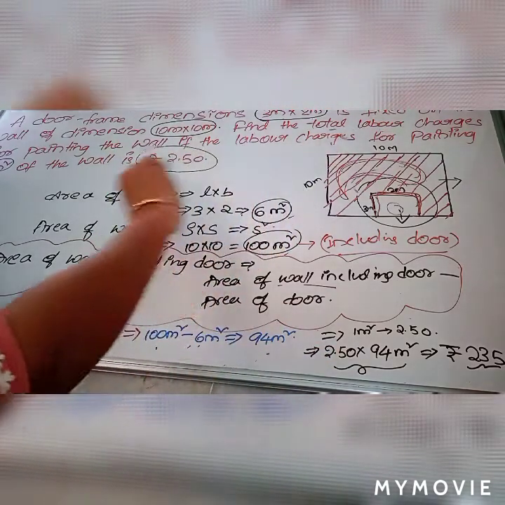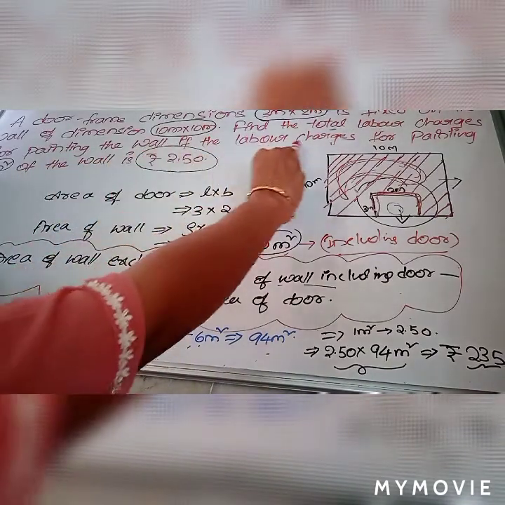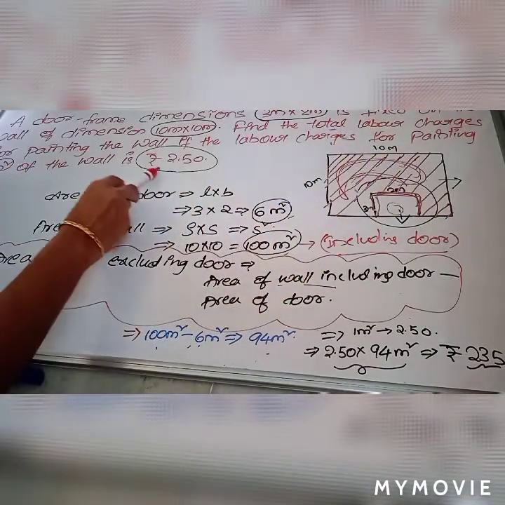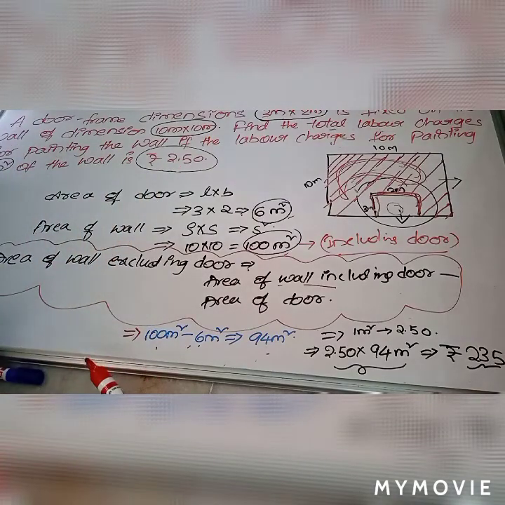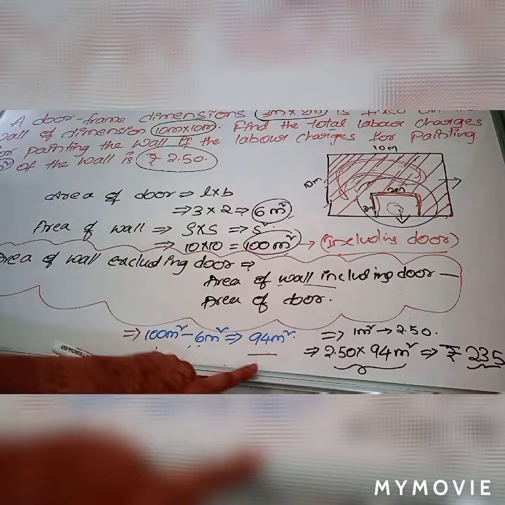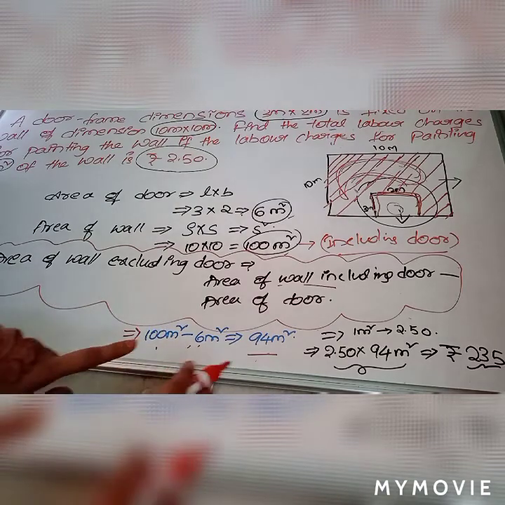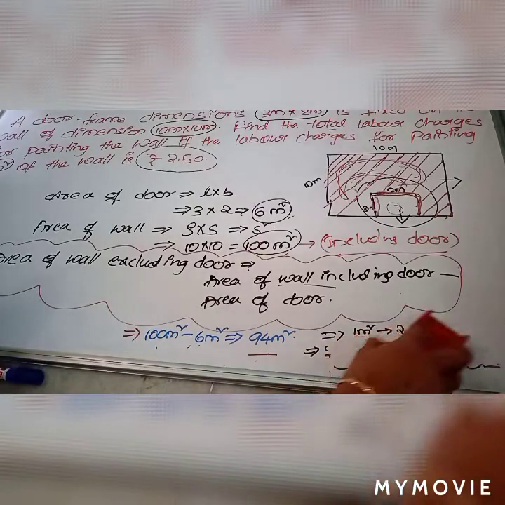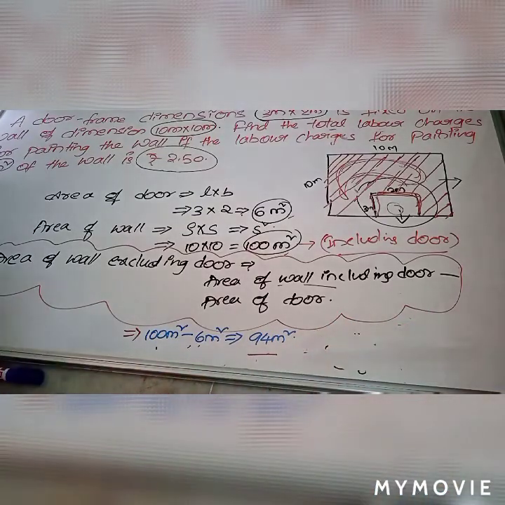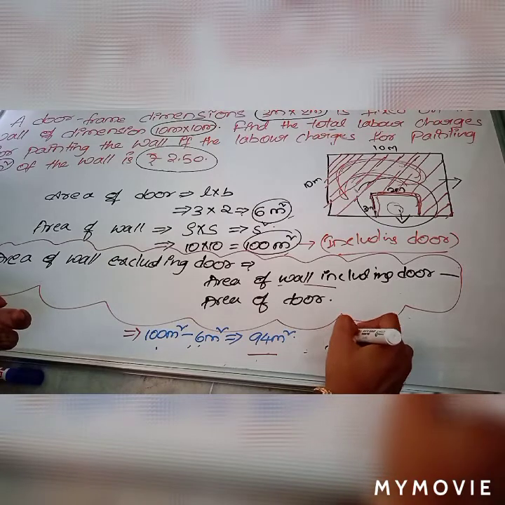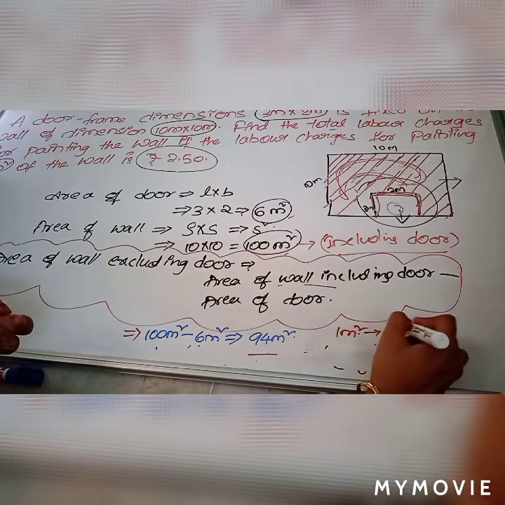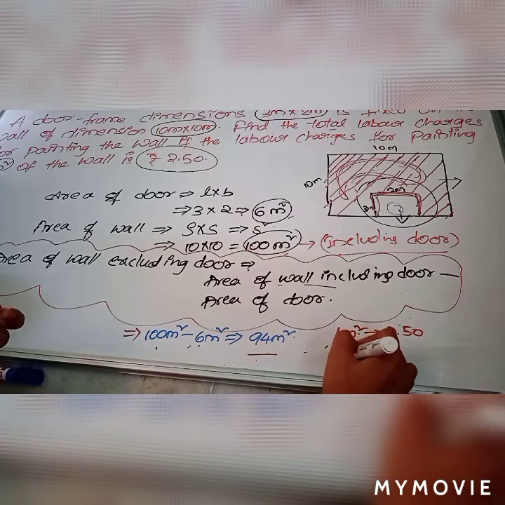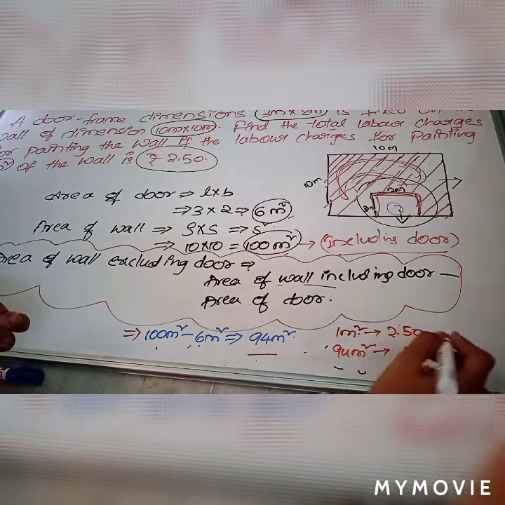So the final step is, for painting the wall, if the labor charges for painting 1 square centimeter of the wall is 2 rupees 50 paisa, then what is for 94 square centimeters? Means we need to multiply. See, if it is confusing for you, just write like this here. 1 square centimeter is 2 rupees 50 paisa, then 94 square centimeters is x, we need to find.